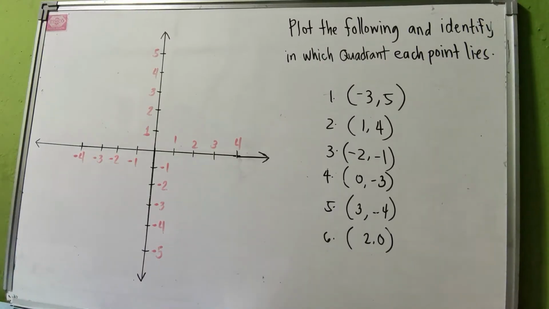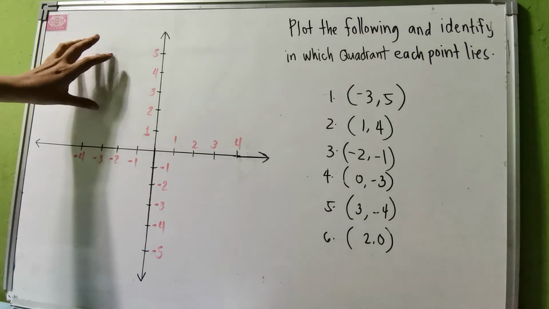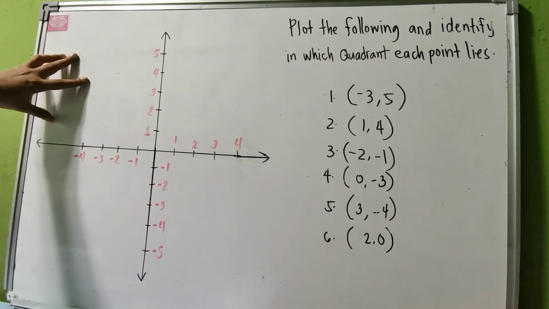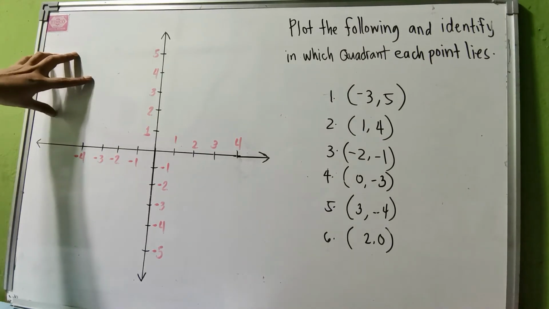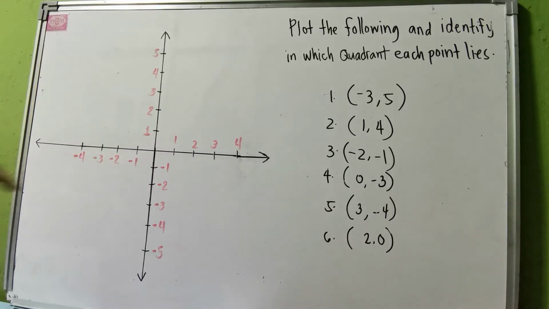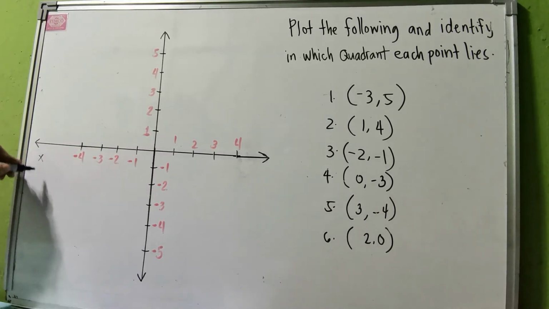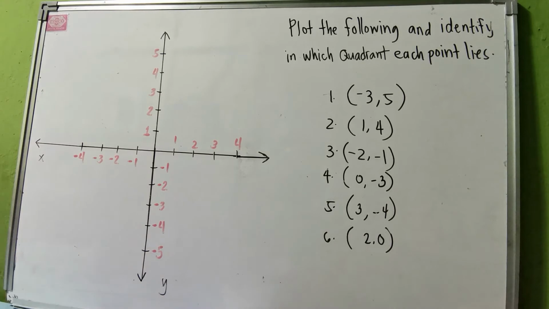Okay, now let us have the given exercises. So, ang nakalagay sa instruction, we have to plot the following and identify in which quadrant each point lies. So, ito yung ating sample ng Cartesian Coordinate Plane. So, as you can see, ito yung ating x-axis and y-axis.